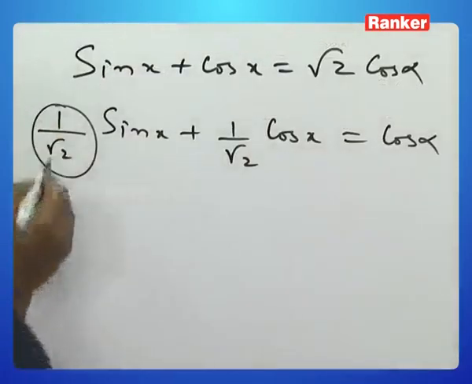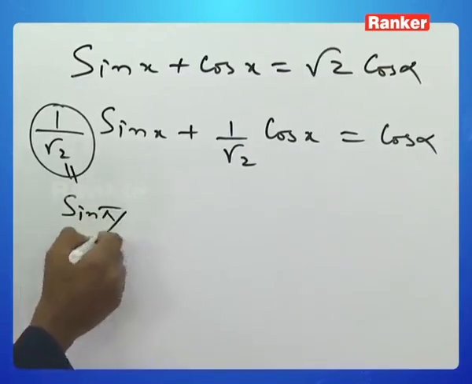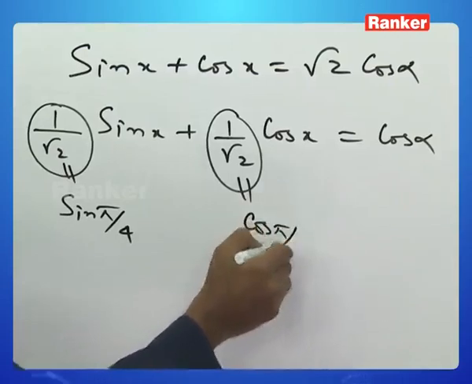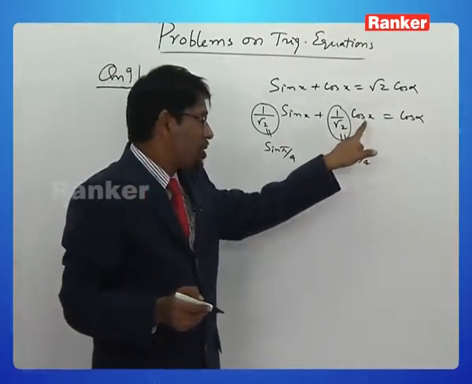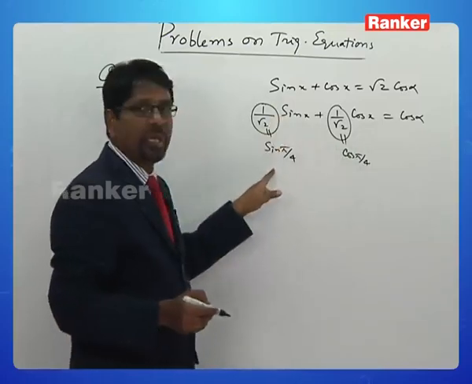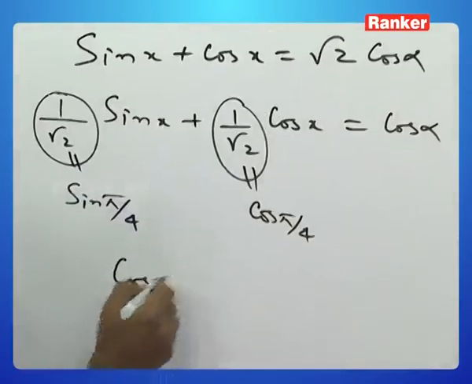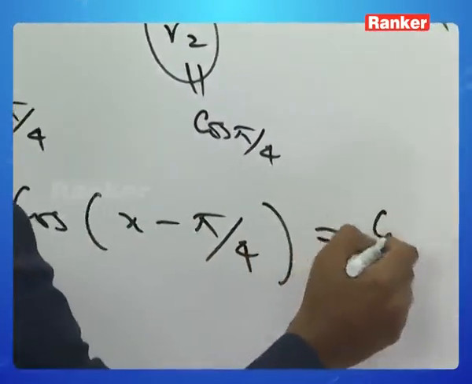Now this we can look at as sin pi by 4, and this we can take as cos pi by 4. Now what is cos A cos B plus sin A sin B? That is equal to cos of A minus B. So this becomes cos of x minus pi by 4, and that is equal to cos alpha.